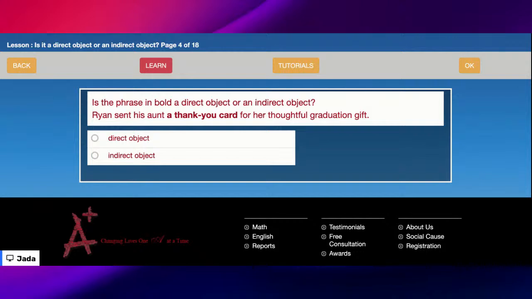Ryan sent his aunt a thank you card for her thoughtful graduation gift. So, what's the right answer here? Is it direct or indirect?